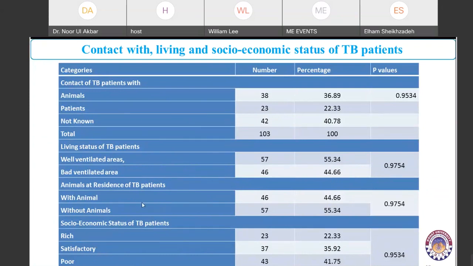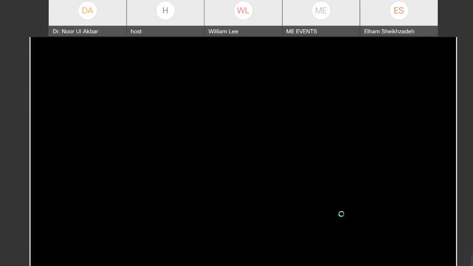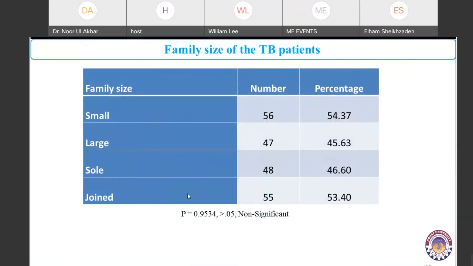With animal contact were 44.66%, without animal contact 55.34%. And the family size of the patients was also discussed in this table. Here the small family 56, 54.37%, the large 45.63%, and the solo family 46.6%, while the giant were 53.40%.